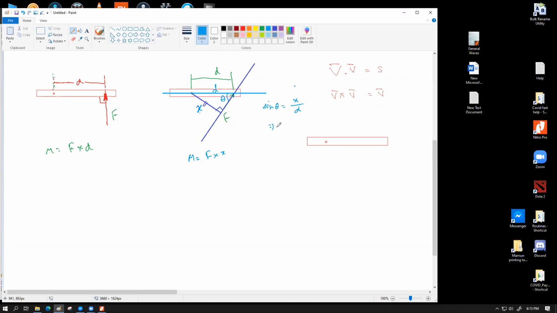So if I now get the value of x, which can be d sine theta, that's the information. So I'm going to replace this value right up over here, and this will be f m equals f d sine theta. So what is really important for us to understand is that this theta was the angle between the force and the d, not on the outside.